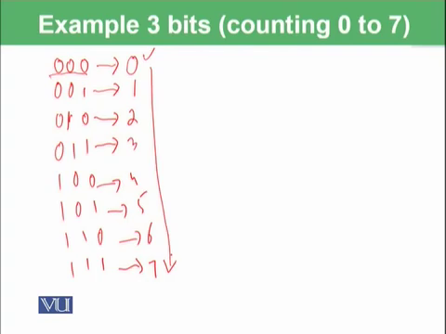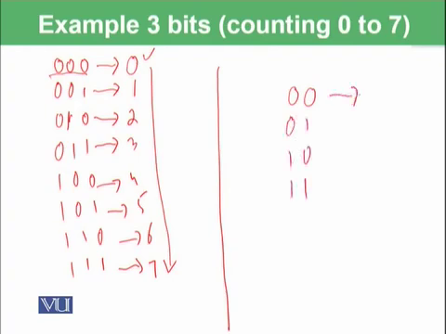If we take another example of 2 bits, we can write 00, 01, 10, and 11. So this would be 0, 1, 2, and 3. With 2 bits we can represent 4 numbers ranging from 0 to 3.